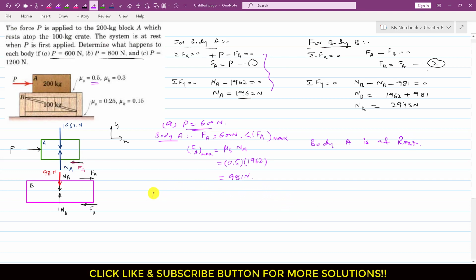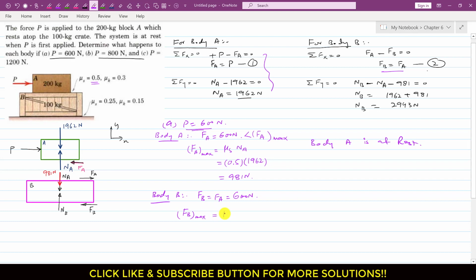Similarly, we will check for body B, for crate B. From equation 2 we can see that Fb equals Fa, and according to P equals 600 newtons, Fa is 600. This means that Fb is equal to 600 newtons. To decide whether crate B is stationary or not, we have to find Fb max.